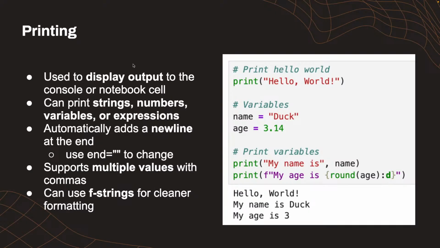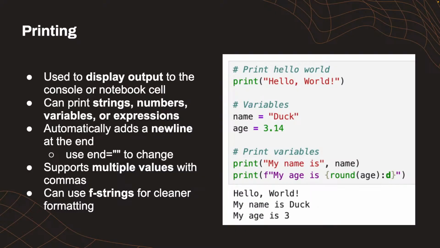And printing, you can use the print command, which is quite easy to remember, and it's used to display output to the console or notebook cell. It can print anything from strings, numbers, variables, or expressions. By default, Python automatically adds a new line at the end. But if you want to change this behavior, you can use the end equals the speech marks with no space to change this.